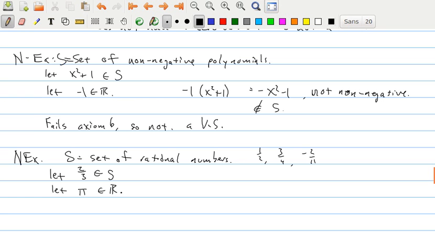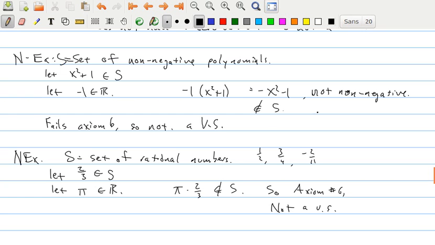Pi is a real number. If I look at the scaling property, that means I need to be able to take my real number times the element from my set and wind up back in the set again. But 2/3 pi is not rational. So this fails axiom number 6, and this is not a vector space.